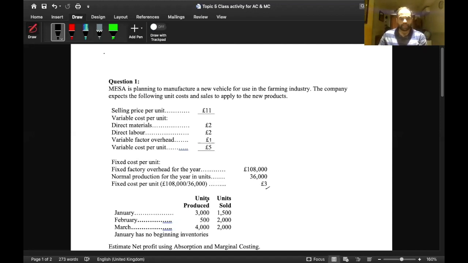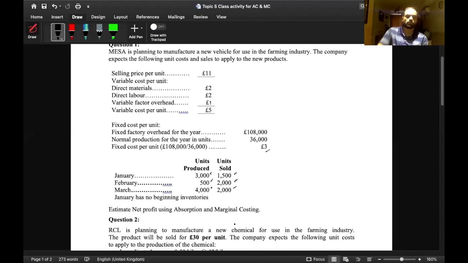Now we have 3 different months. January, we produce 3,000, sold 1,500. February, produce 500, sold 2,000. March, produce 4,000 and sold 2,000, right? So we assume there is no opening inventory for January. So January opening is 0. So opening, which is 0, plus produce, which is 3,000, right?